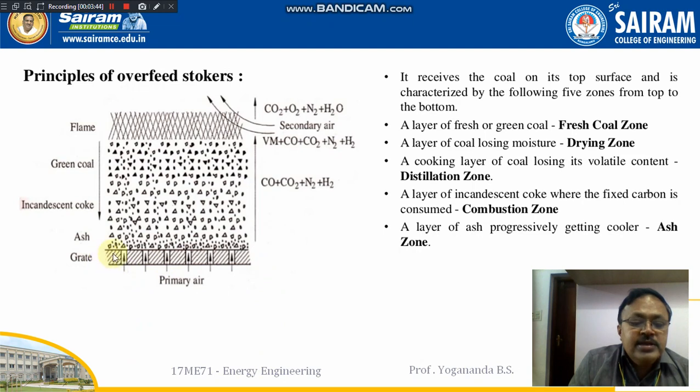Here the grate is the horizontal bed where the coal is fed. The primary air current, which is passed through the openings in the grate, will allow the movement of the coal from one place to another. The primary air current is carrying the pulverized coal, the powdered coal, whereas the secondary air is used in the combustion process.